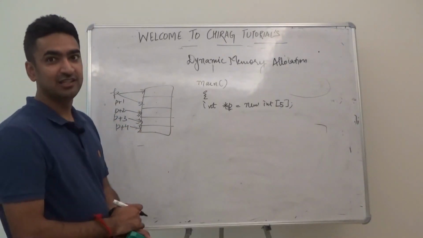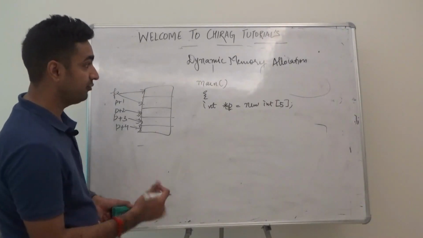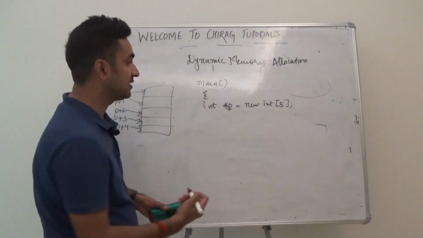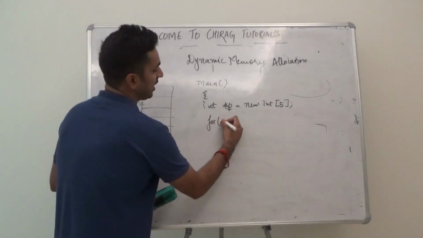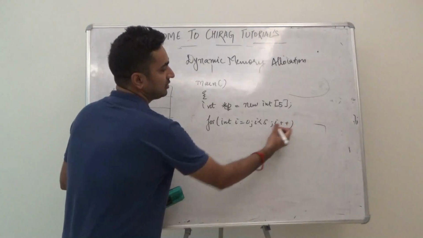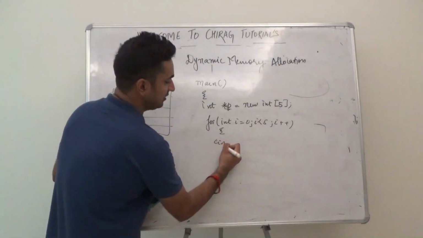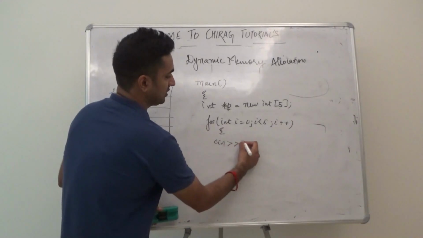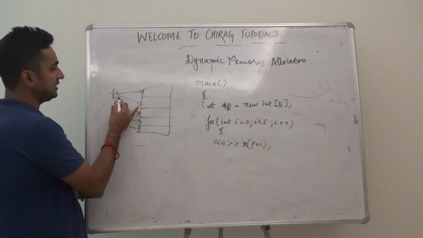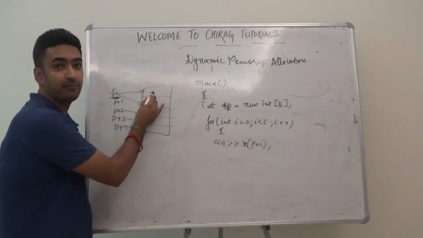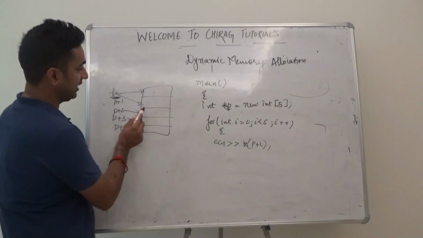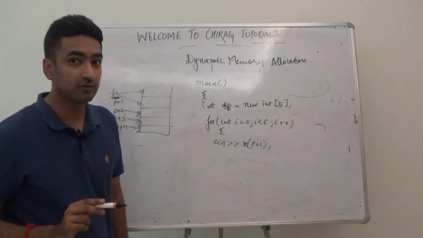This is a very important concept. So we have 5 integers and I want to assign some values to them. How will the values be assigned? We'll use a for loop: for int i is equal to 0, i is less than 5, i plus plus. I'll take the values as cin of star of p plus i. Because p is pointing to the very first integer, p plus 1 is pointing to the second, and p plus 4 will point to the fifth one.